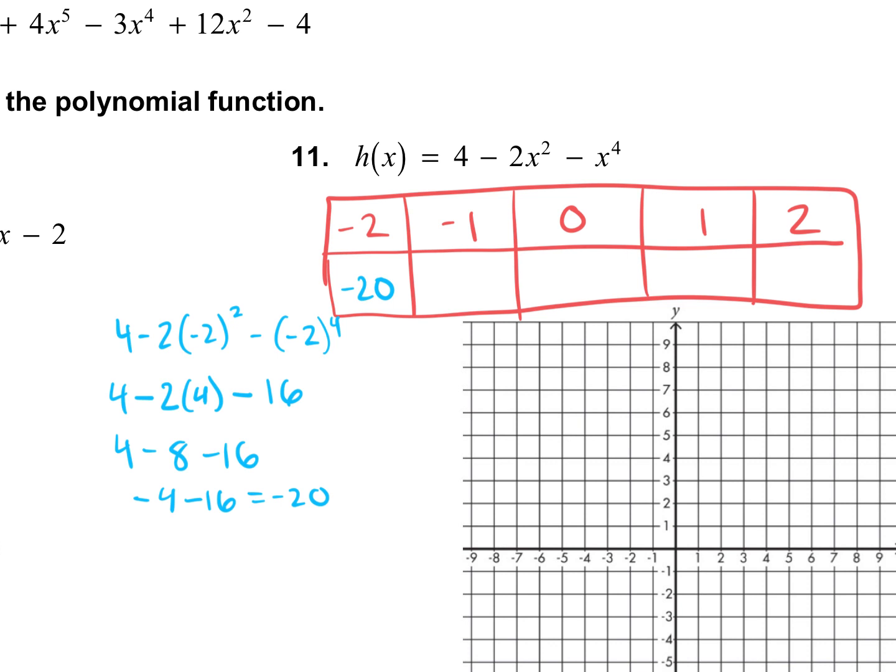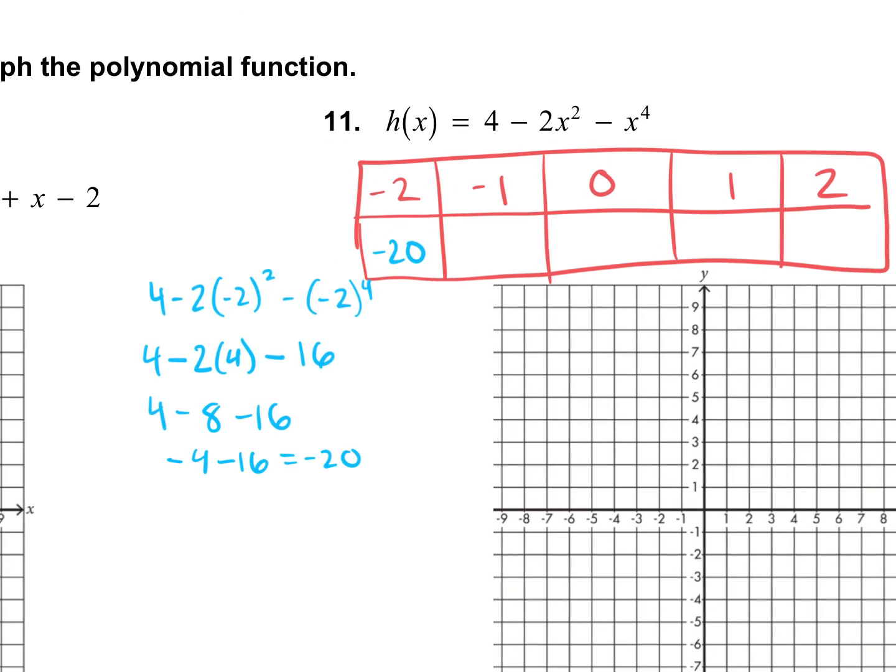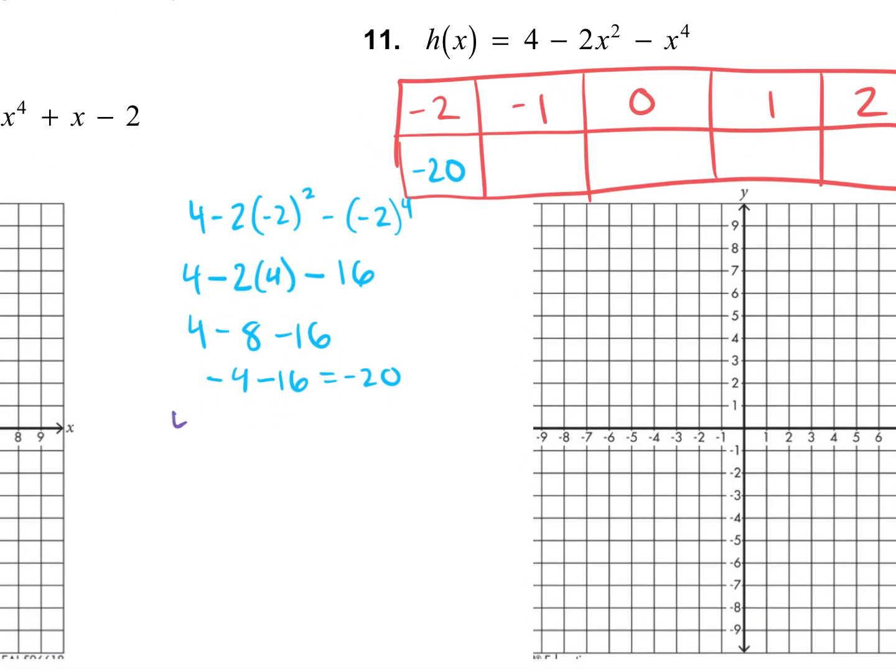Next, let's plug in -1. So 4 minus 2 times -1 squared minus -1 to the 4th power. What's -1 squared? 1.